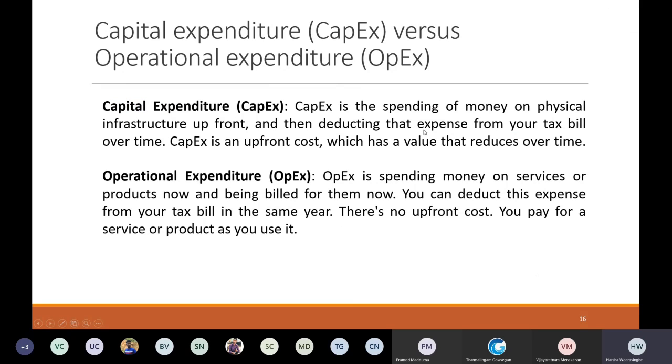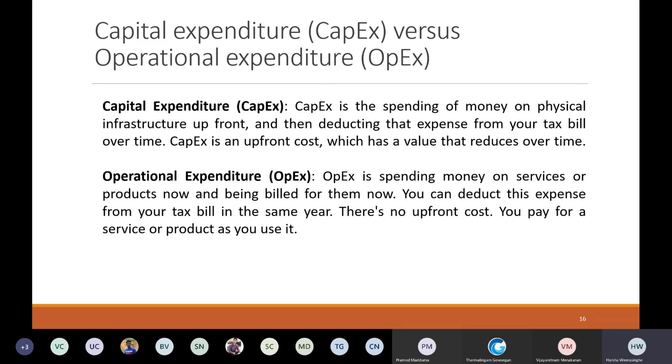Capital expenditure and operational expenditure. In the past, companies needed to acquire physical premises and infrastructure to start their business. Before cloud concepts came, they had to rent or buy a building and set up all these PCs.